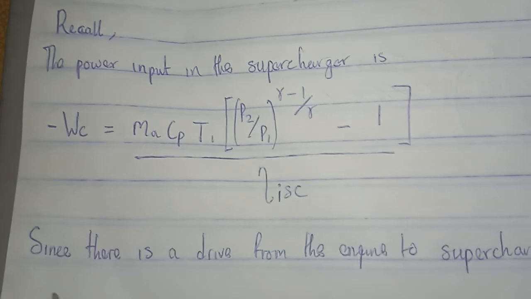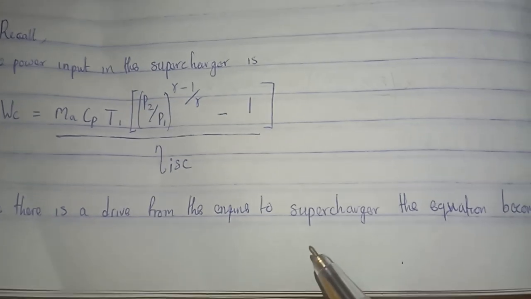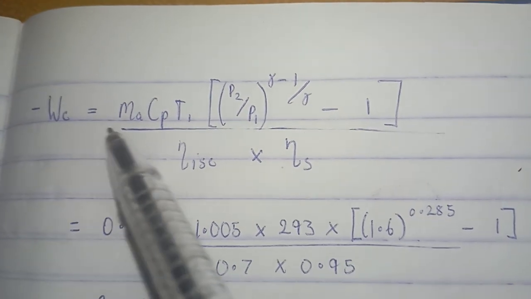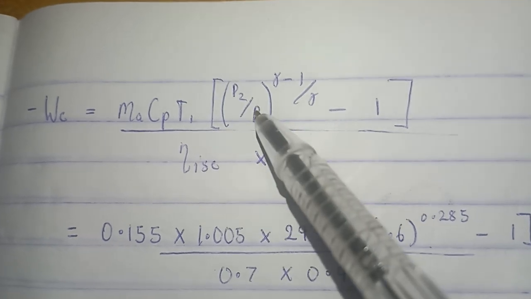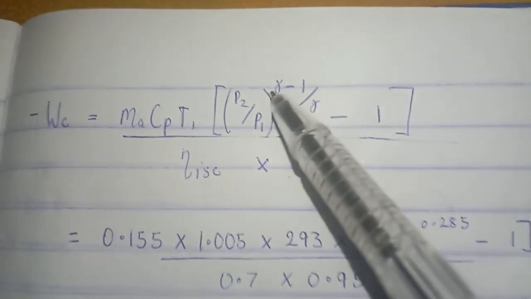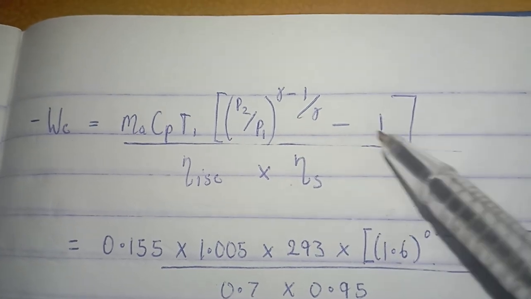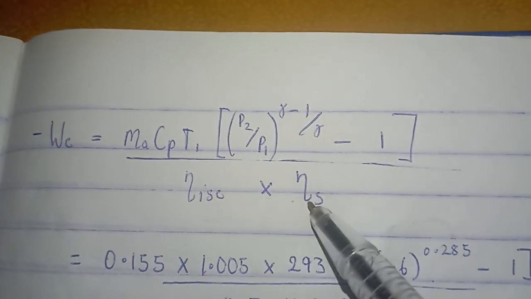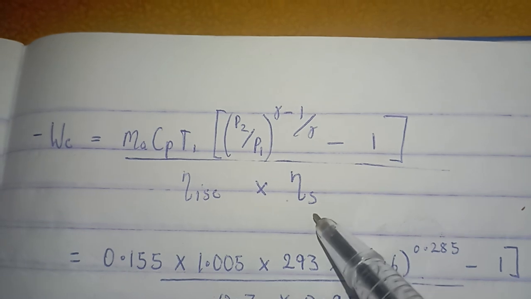But now, since there is a drive from the engine to the supercharger, the equation becomes minus WC is equal to MA CP T1, open bracket, pressure ratio raised to the power gamma minus 1 over gamma, minus 1, all over isentropic compression times the mechanical efficiency of the supercharger.